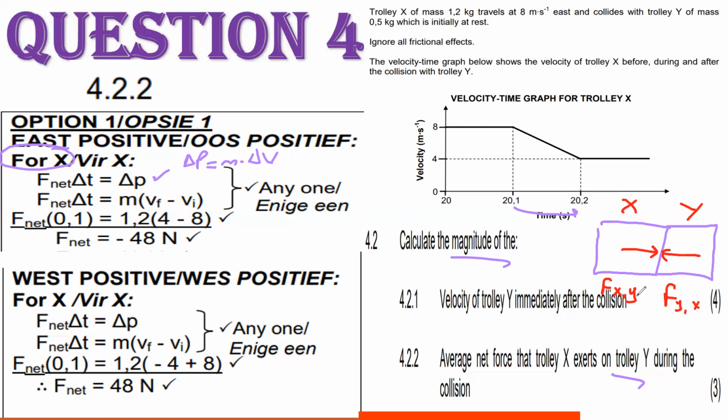Which one are we looking for? We are looking for FXY, 48, and direction east. But if you calculate in this option, you calculate for X, so you calculate this one. But the magnitude is the same, because of that we can just say 48 newtons. F net is equal to 48 newtons.